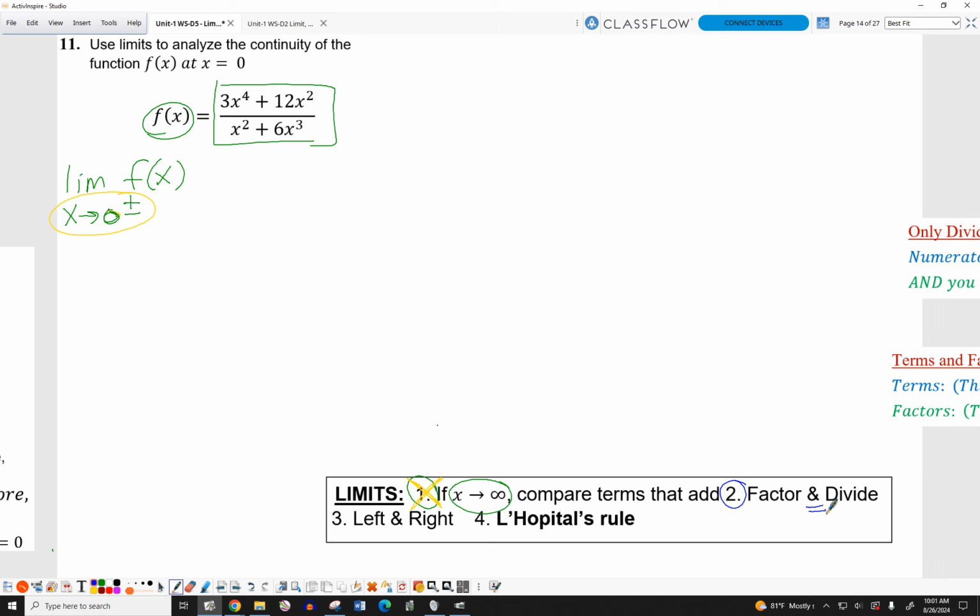So this limit's going to equal the limit as x approaches 0 from either side. And now instead of writing f, we're going to write this formula, but we're going to factor this formula. You want to do easy factoring first. So that means let's pull out an x squared.